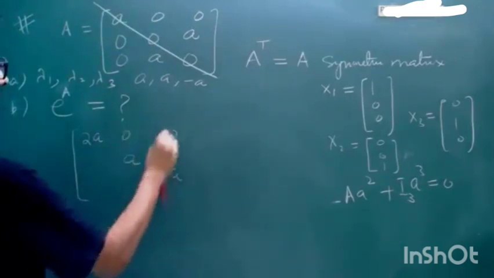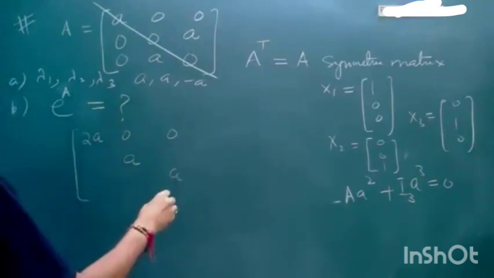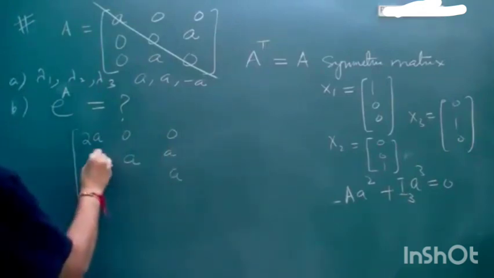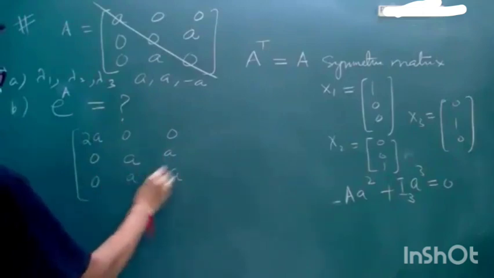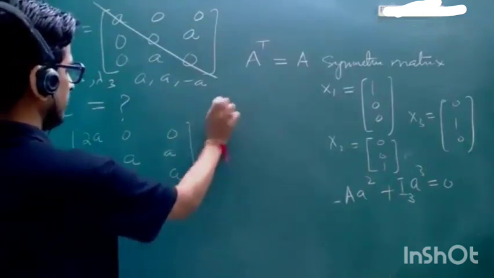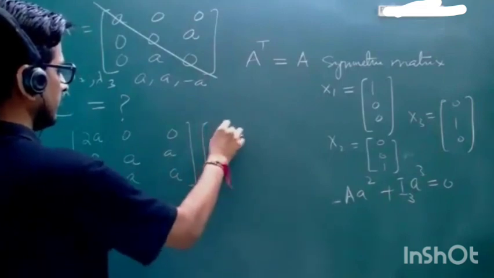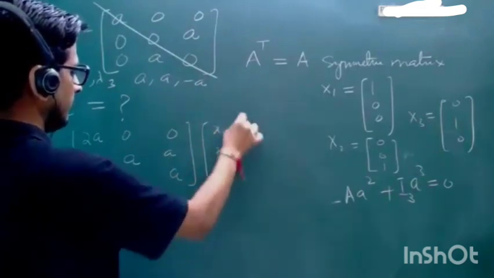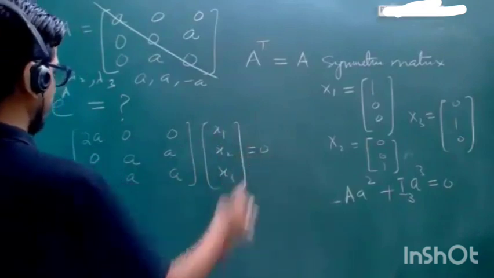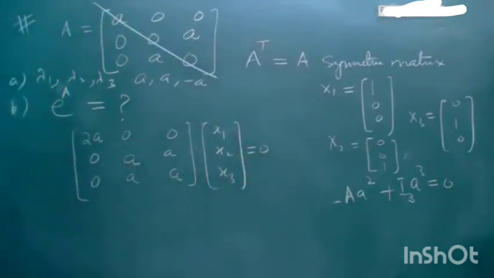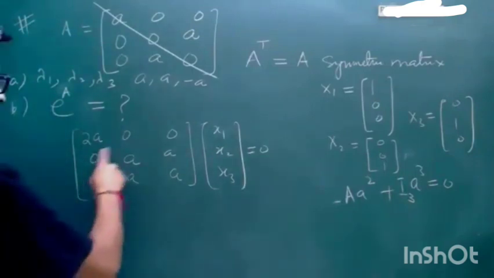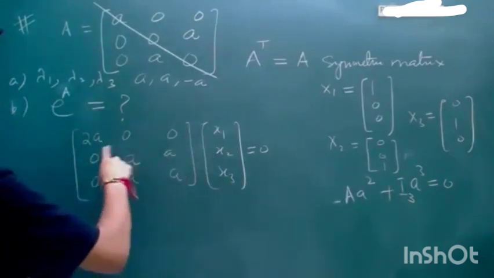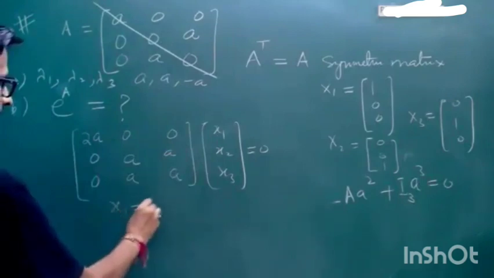And then a, and then a, and 0 0, a 0 0 a. This into x1 x2 x3 is equal to 0. Is this what is coming? Yes, sir. So the first element will give me x1 is equal to 0.